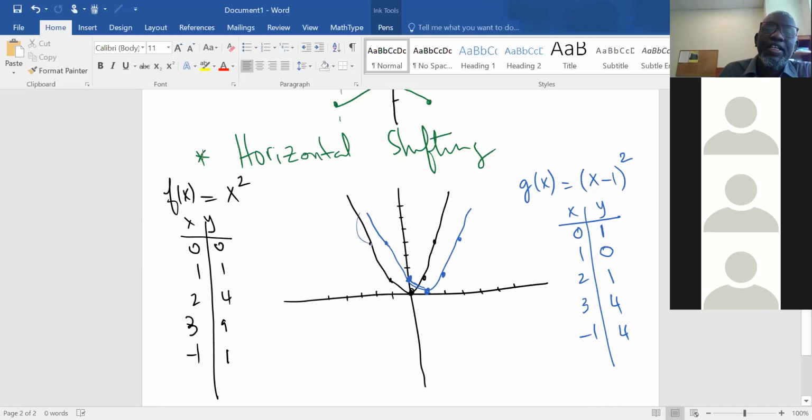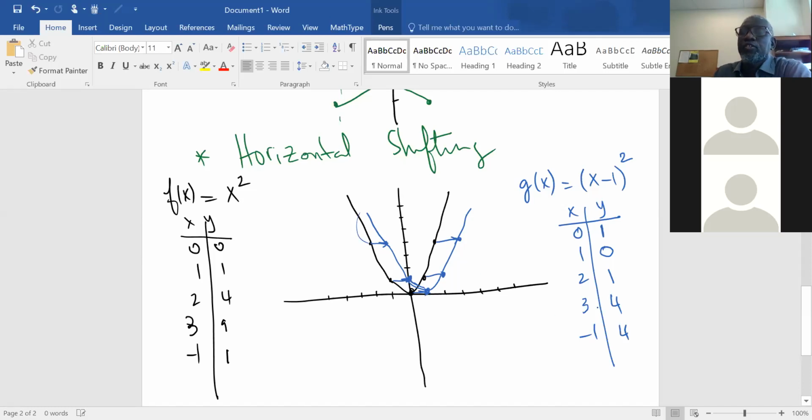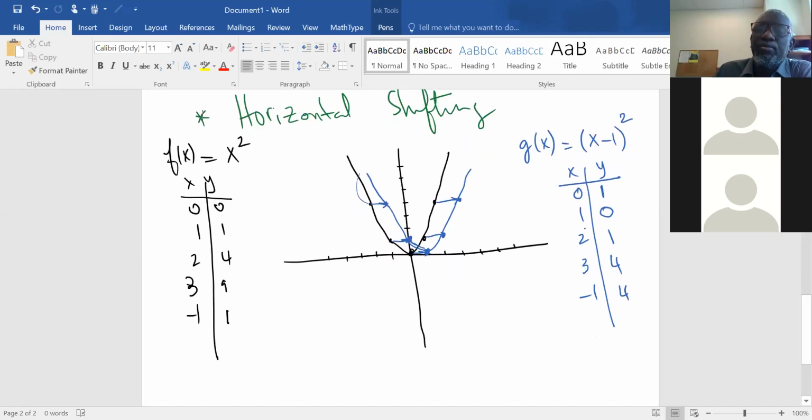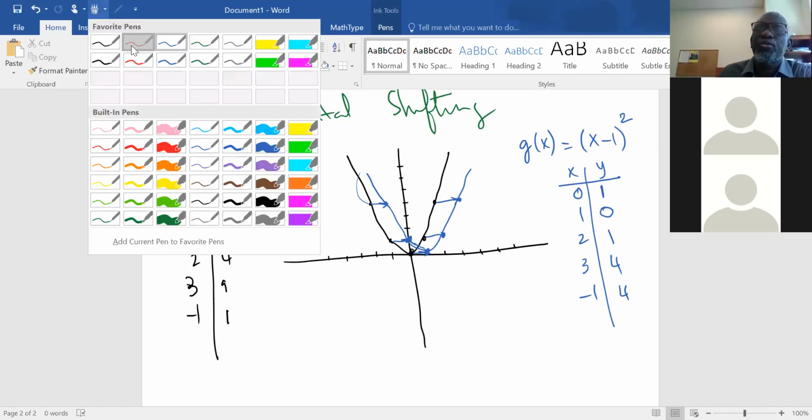So the black graph seems to be shifted to the right. About how many units? 1 unit, right? So we're going to see where the 1 comes from and where the right comes from, okay? So the 1 unit looks like it comes from this one here.